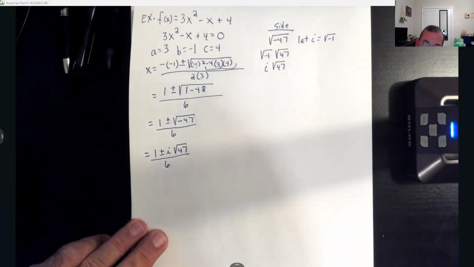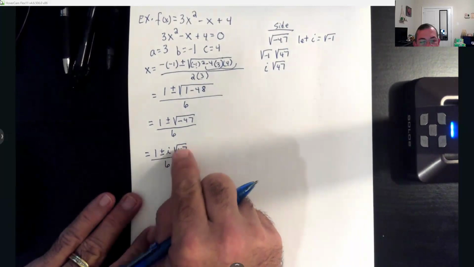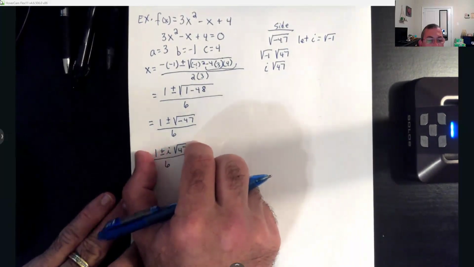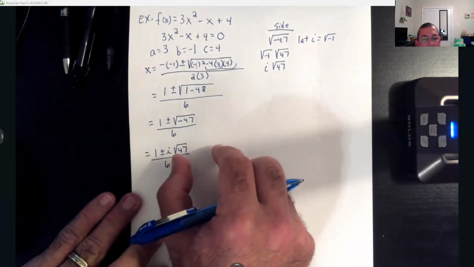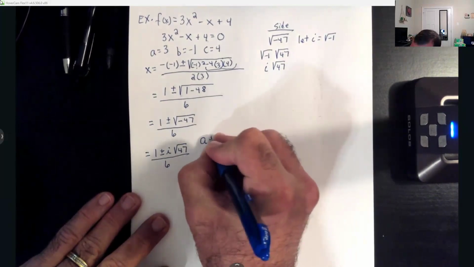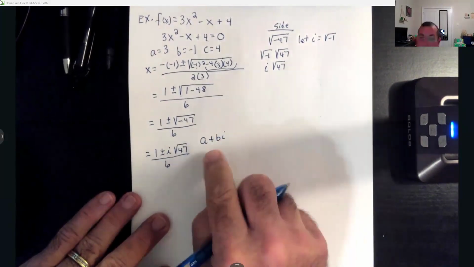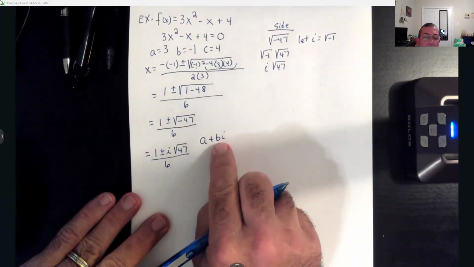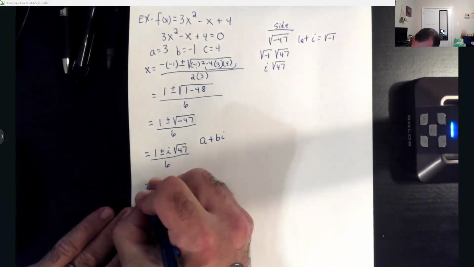Now, here's the thing about this one. Since we got an imaginary answer here, we got to split this into a real fraction and then the imaginary fraction. So we're writing it as what we call a complex number. Okay, we split this apart.